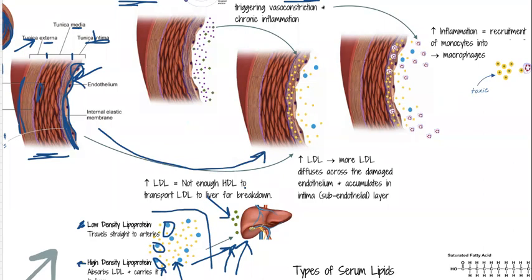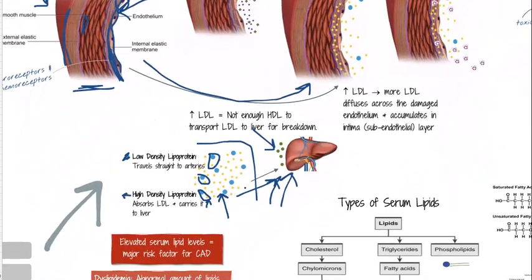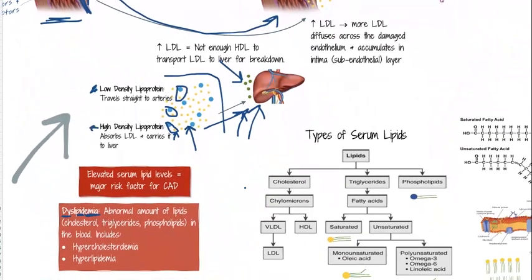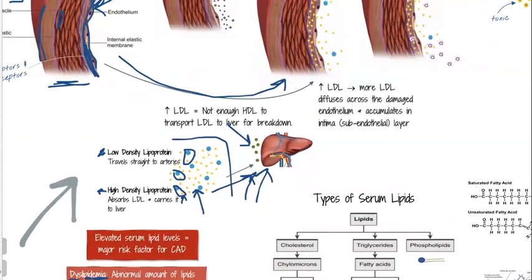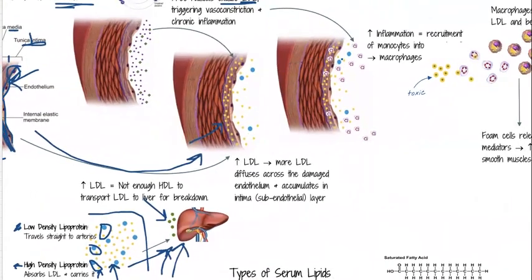This is why that buildup of LDL is so important in that pathogenesis, because the more LDL you have, the more LDL you have to be oxidized, and the more LDL you have to be engulfed by the macrophages to form foam cells.